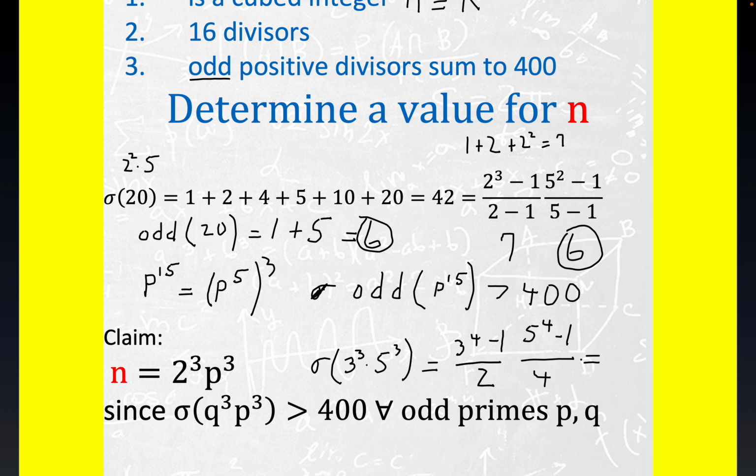This is 80 over 2, which is 40. So that's 40 times 624 over 4, which is 156. So again, much greater than 400.